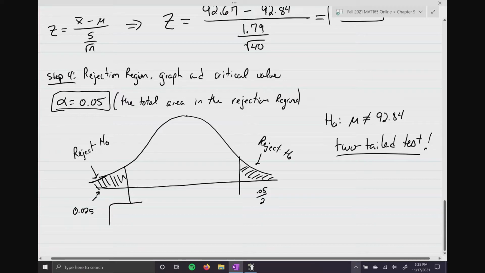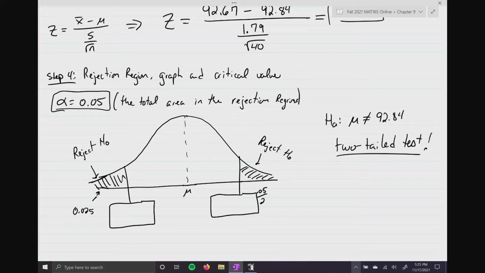Once you find the critical value to the left, all you got to do is just find the critical value to the right by making it positive. Because remember, right down the middle, technically, is mu. So anything to the left is going to be negative, anything to the right is going to be positive. So let's go back to our table and we're going to find 0.025.